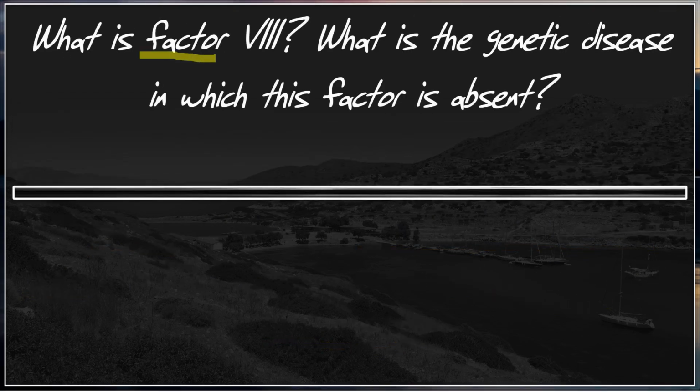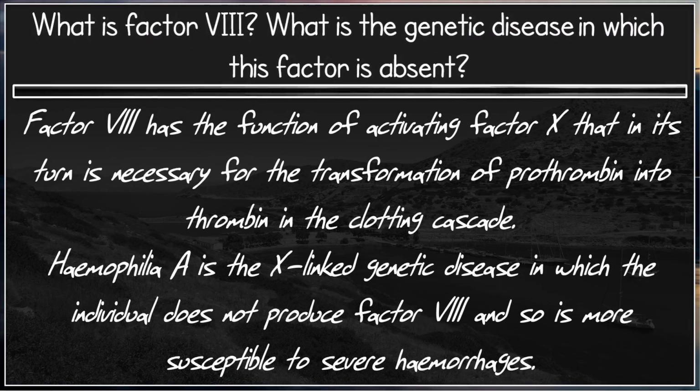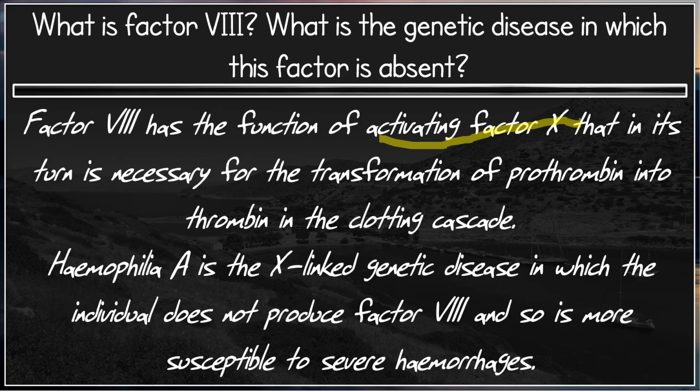What is factor 8? What is the genetic disease in which the factor is absent? Factor 8 has a function of activating factor 10, that in its turn is necessary for the transformation of prothrombin into thrombin in the clotting cascade.